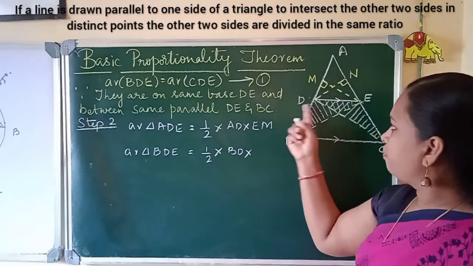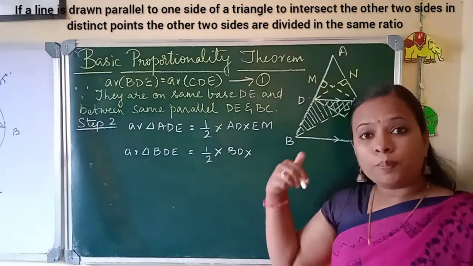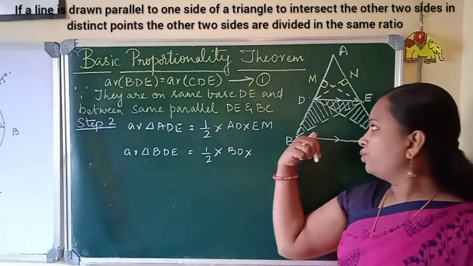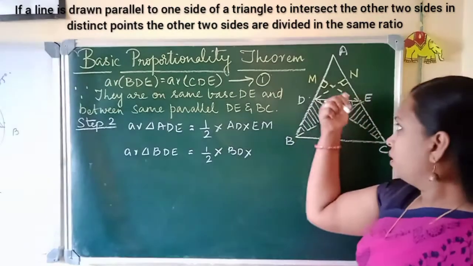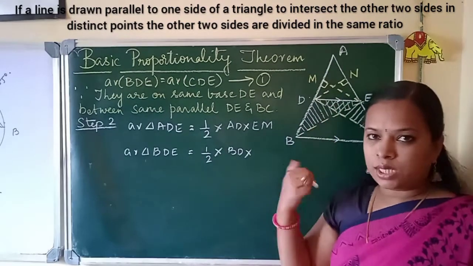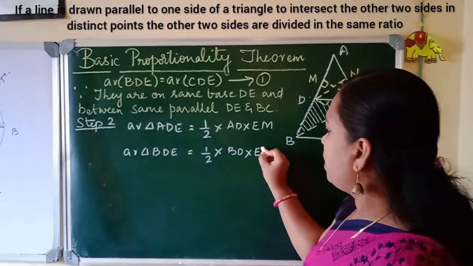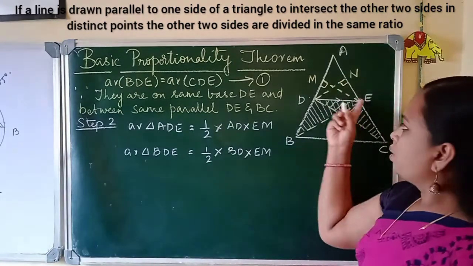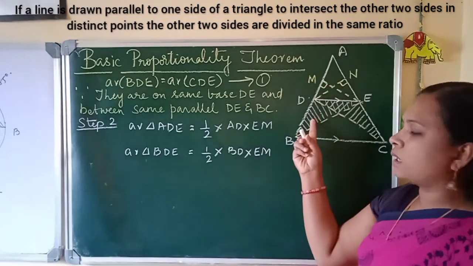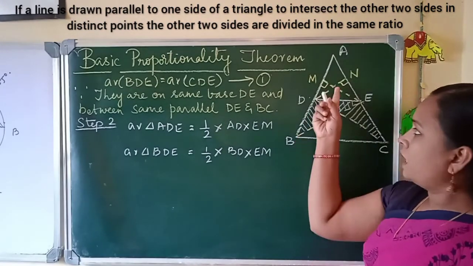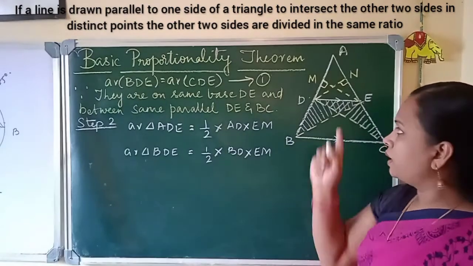Now when you observe BDE, this is an obtuse angle triangle, and you know in an obtuse angle triangle you will have the height outside. So this will be the height. Same, EM only I am going to write. So EM is the common height for this obtuse angle triangle and for this acute angle triangle ADE.